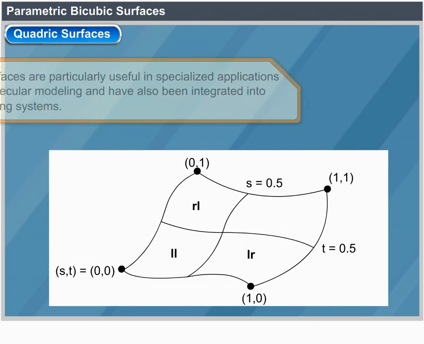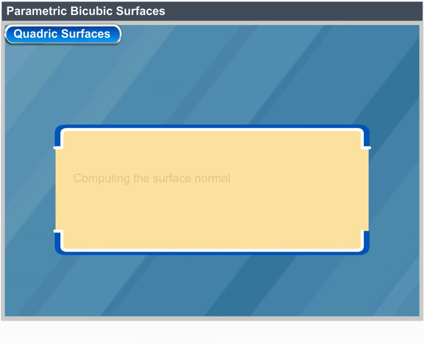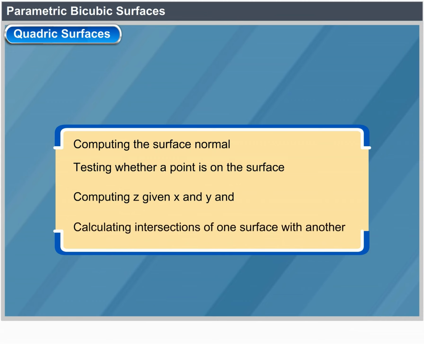Hence, the implicit quadratic equation is an alternative to rational surfaces if only quadric surfaces are being represented. Other reasons for using quadrics include ease of computing the surface normal, testing whether a point is on the surface, computing z given x and y, and calculating intersections of one surface with another.